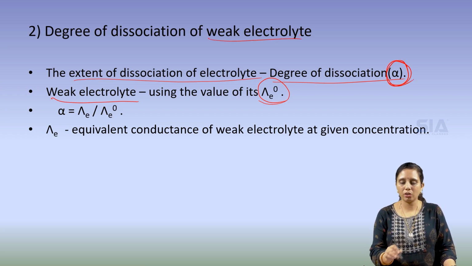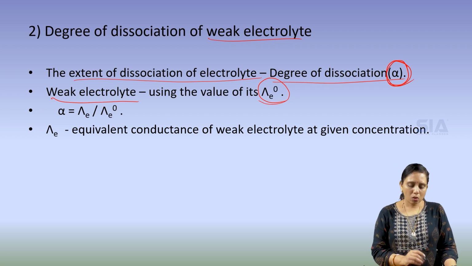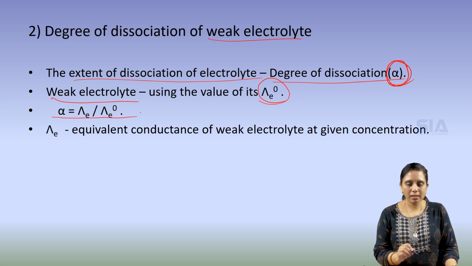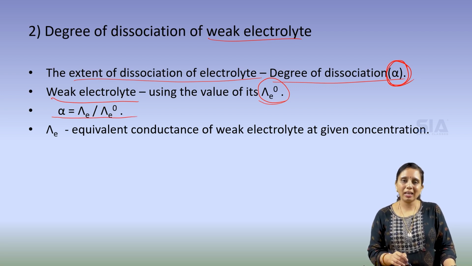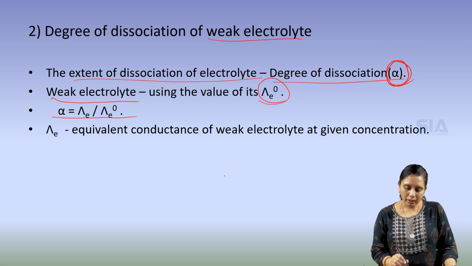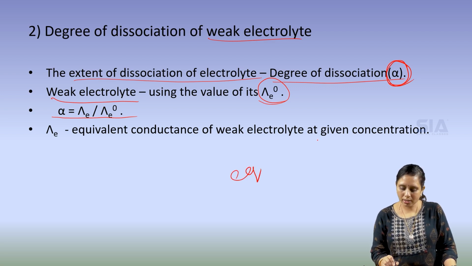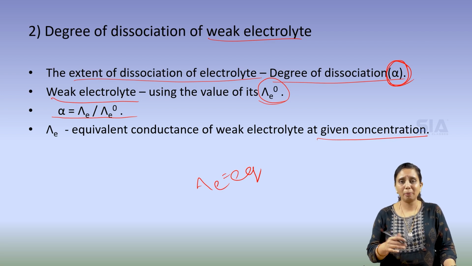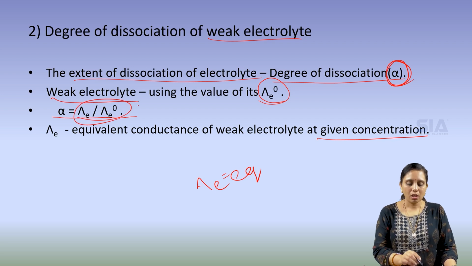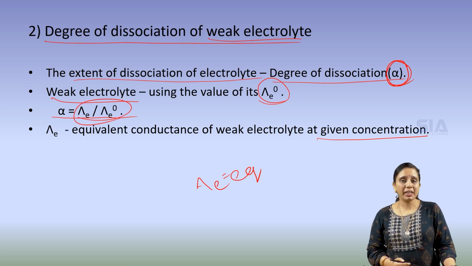The formula is alpha equals lambda E by lambda E naught, where lambda E is the equivalent conductance at a particular concentration, and lambda E naught is its infinite dilution value. When we solve this equation, we get the degree of dissociation of the weak electrolyte.